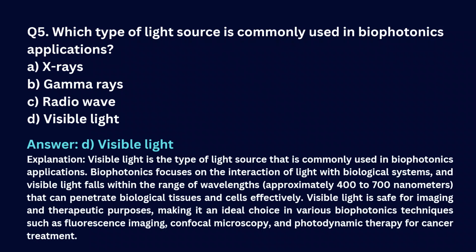Biophotonics focuses on the interaction of light with biological systems, and visible light falls within the range of wavelengths, 400 to 700, that can penetrate biological tissues and cells effectively. Visible light is safe for imaging and therapeutic purposes, making it an ideal choice in biophotonics such as fluorescence imaging, confocal imaging, and photodynamic therapy for cancer treatment.